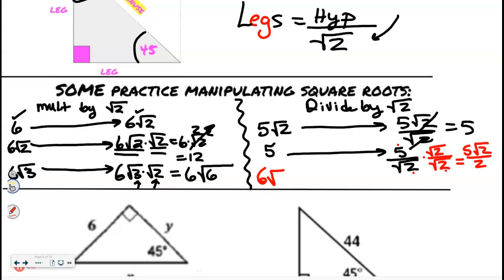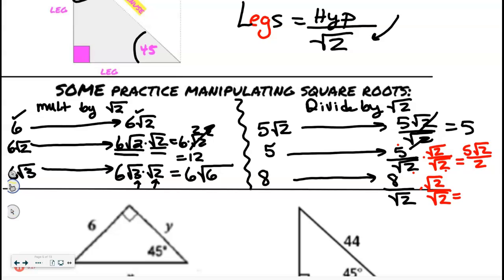But what if I had 8 root 2 and I decided, hey, I need to divide that root 2 off, just plain old 8? What if I had just the plain old number 8 and I said, oh, I need to divide that by the square root of 2? I'll still in red multiply the top and the bottom by the square root of 2. You should have learned this in Algebra.